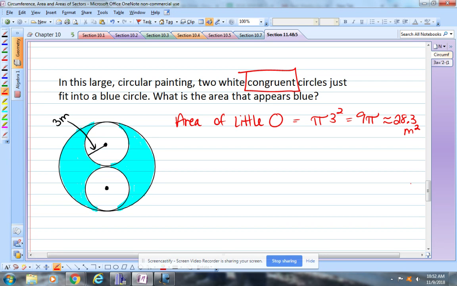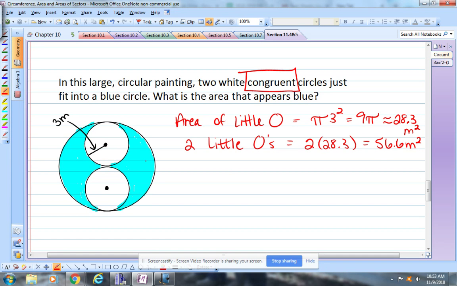So for the area of both little circles, you double it: 2 times 28.3, which is about 56.6 meters squared. So that's the area of the two white circles.